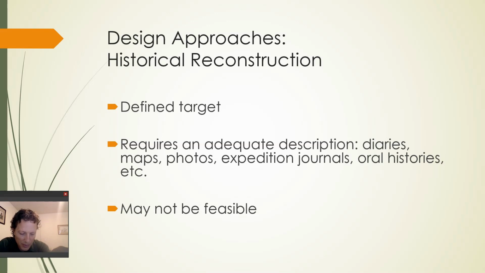So with growing human populations, with climate change, with all kinds of pressures put on the landscape that were not there historically or are occurring much faster now, it may not be possible to have a pristine historical wetland, for example.